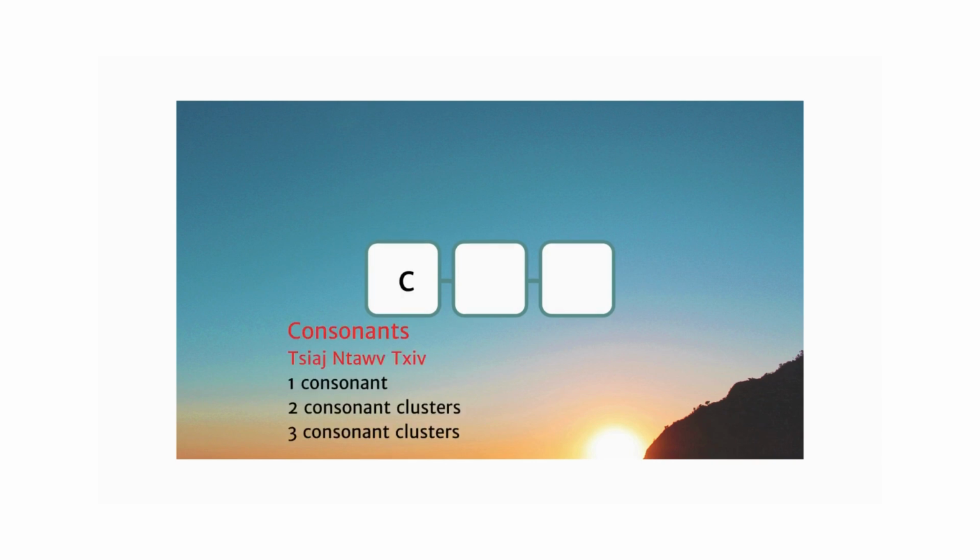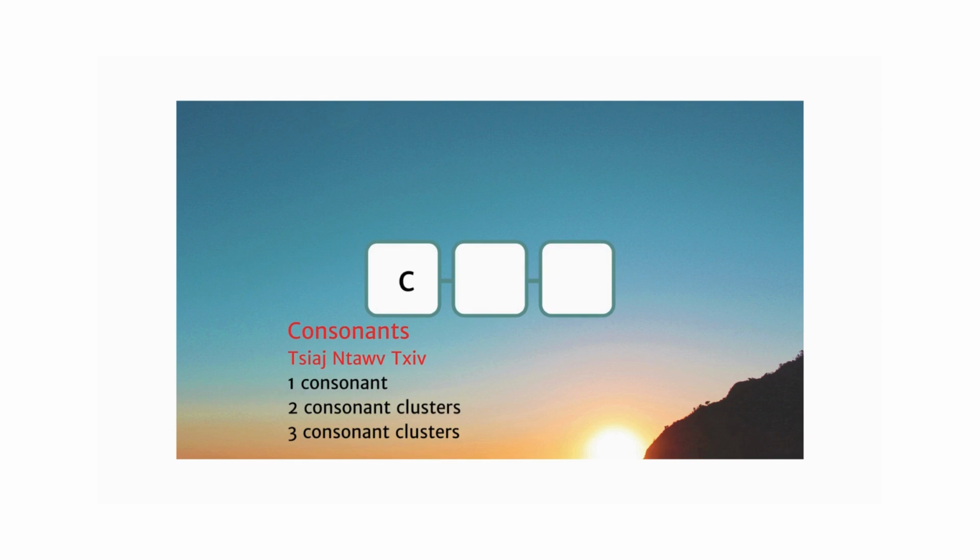The first part are consonants, which is also called 尖頭字. It might start with 1 consonant, or it could start with 2 consonant clusters or consonant blends, or it could also have 3 consonant clusters or 3 blends.